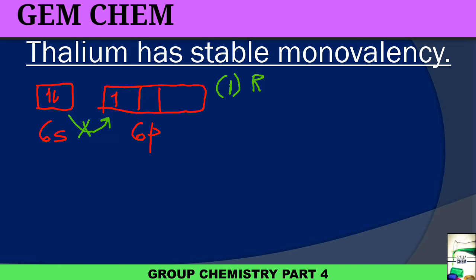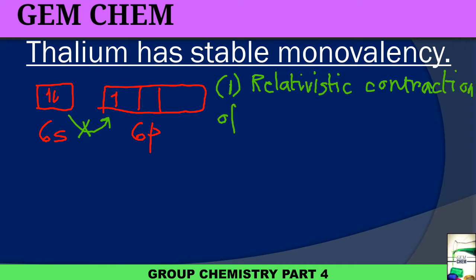So we have to write down the relativistic contraction of 6s along with the electronic configuration mentioned first, which leads to the inert pair effect. This has to be arranged in the correct manner.